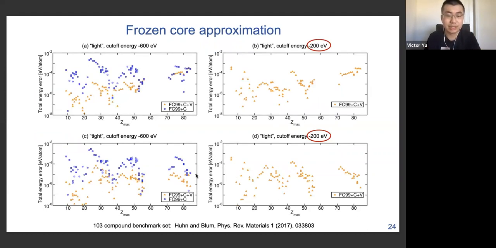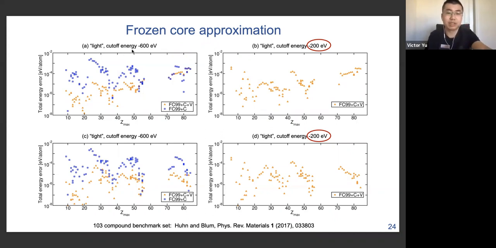Shown here is a benchmark of the accuracy of the frozen core approach, which is carried out using a benchmark set consisting of more than 100 compound materials. We show both light default settings and tight default settings in FHI-aims with different cutoff energies.